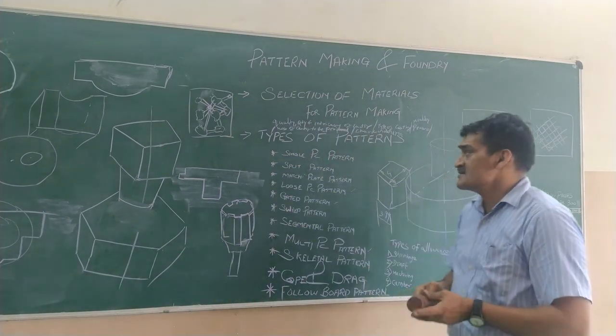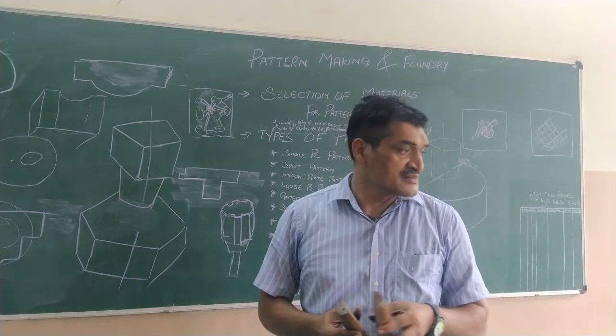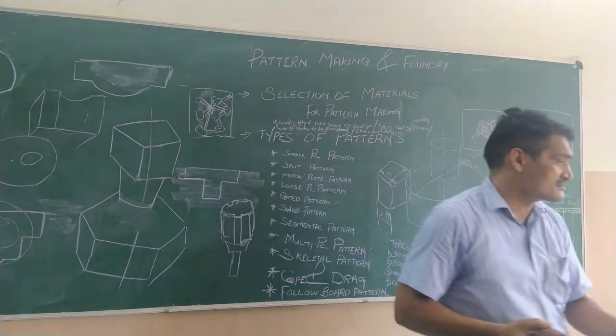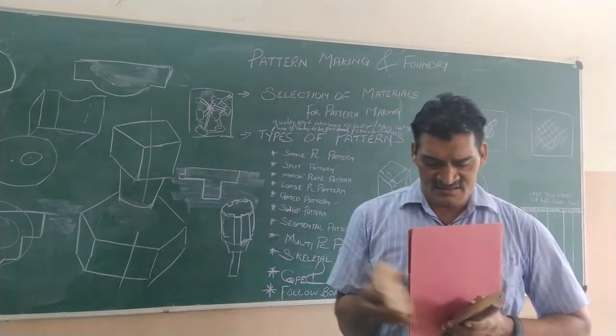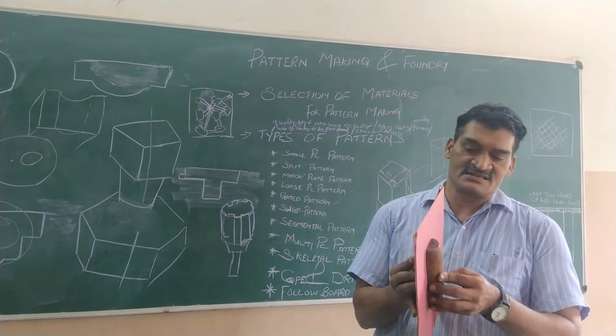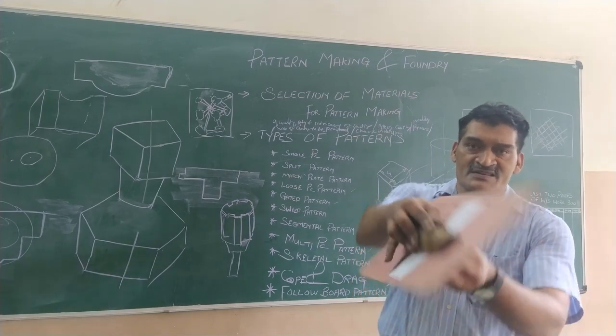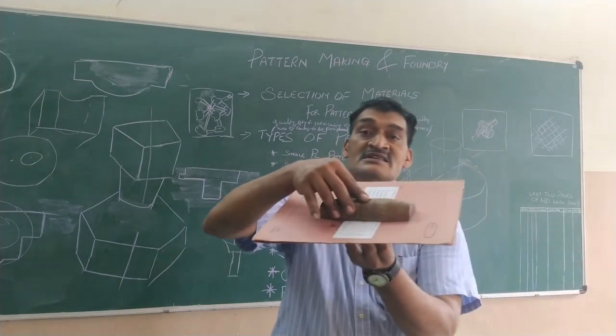The next pattern is a match plate pattern. Let's consider we have a plate. We have a plate and these two parts are fixed on the plate. Now, to prepare the mold, it's easy.